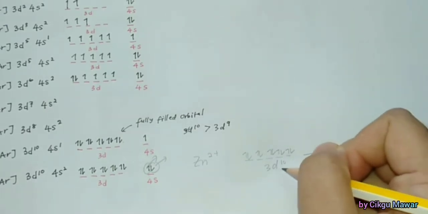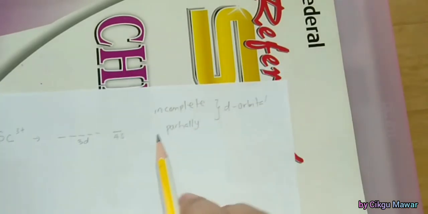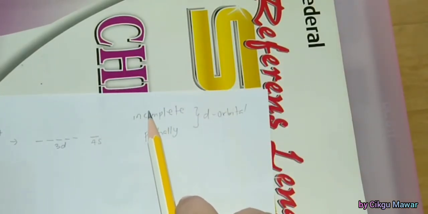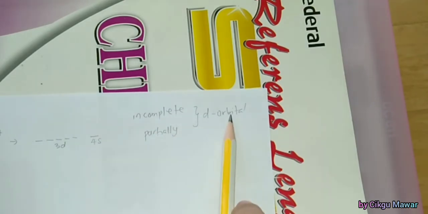The definition says a transition element must form at least a stable simple ion with incomplete or partially filled d orbital.